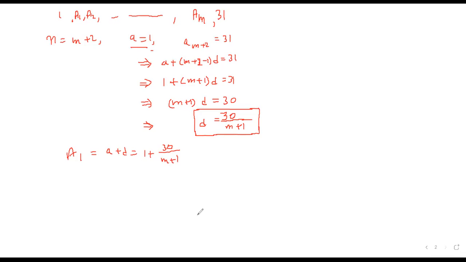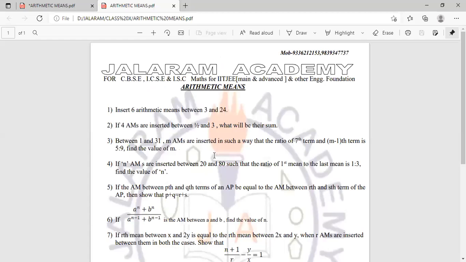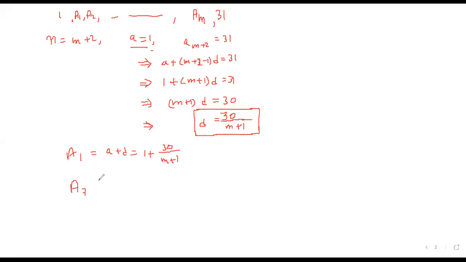So when we read the next line of the question, the ratio of the 7th term, 7th AM actually, and the m minus 1th AM. First we have to find them. The 7th AM, A7, will be given by a plus 7d.